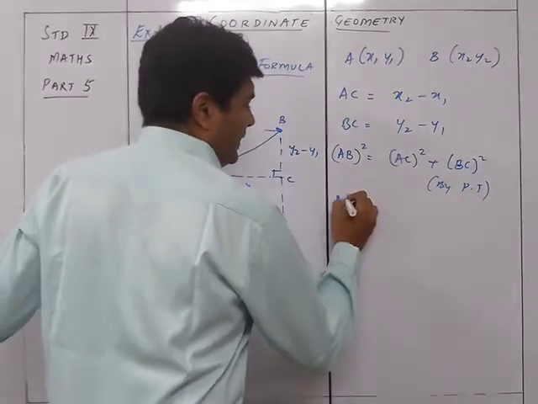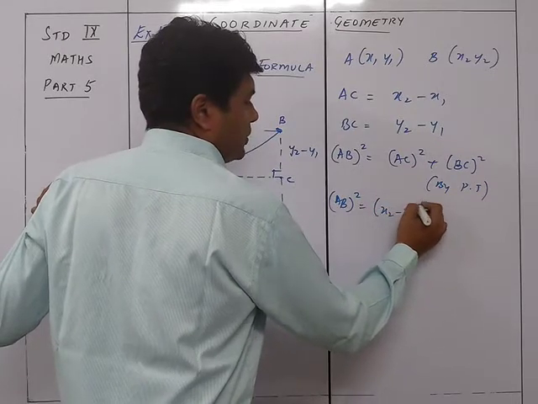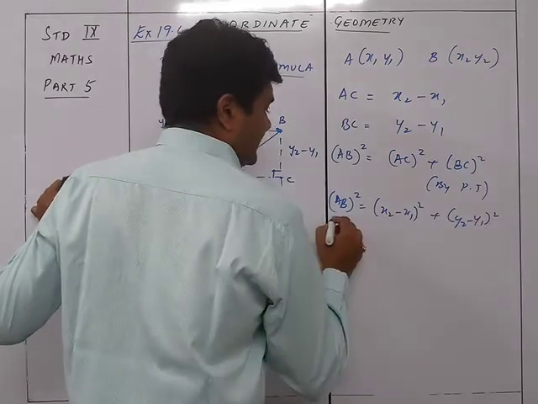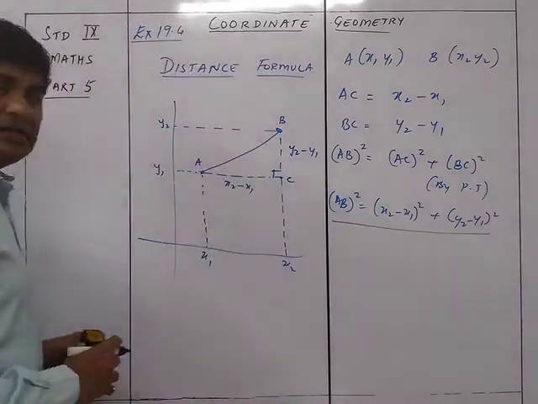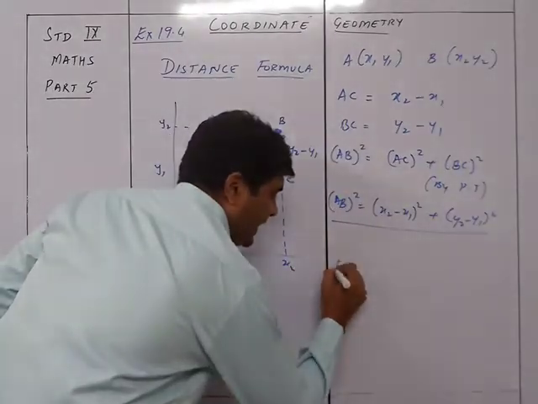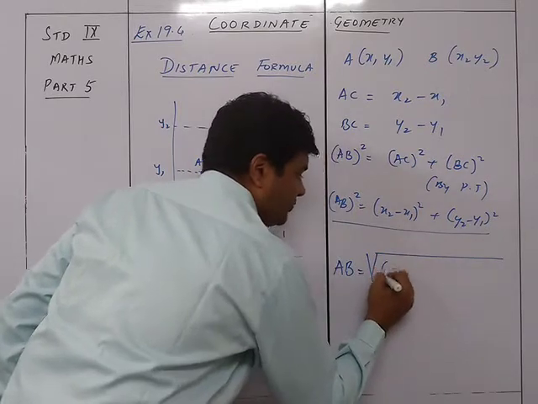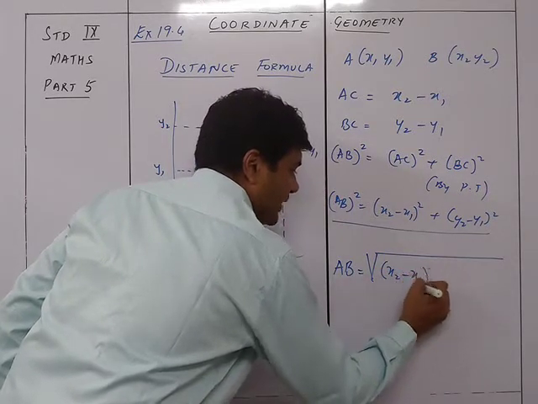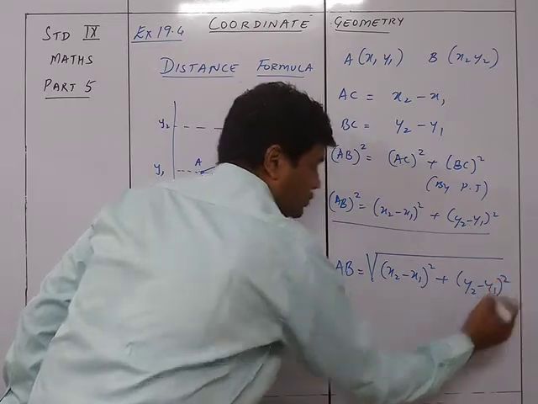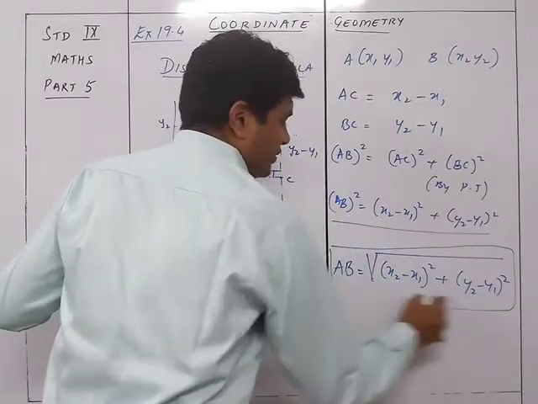Hence, we have the distance formula: distance AB is equal to the square root of x2 minus x1 the whole square plus y2 minus y1 the whole square. This is your distance formula.